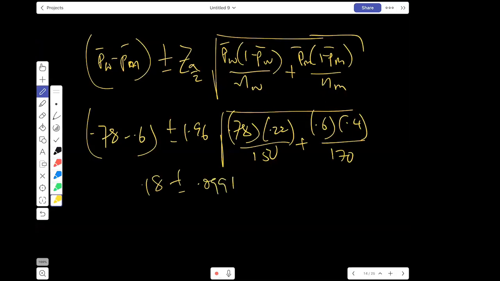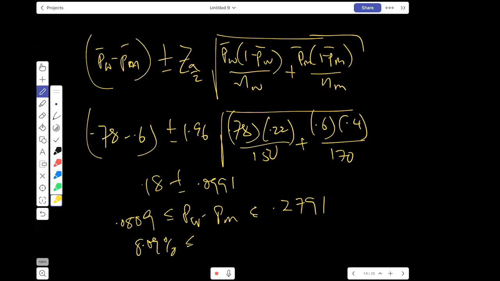Which basically gives us that P for women minus P for men lies between 0.18 minus 0.0991, which is 0.0809, or 8.09% in percentages, and 0.2791, or 27.91%.